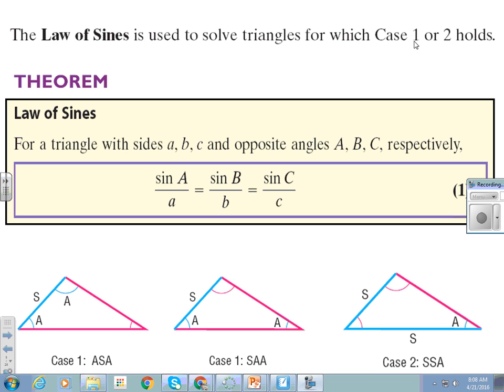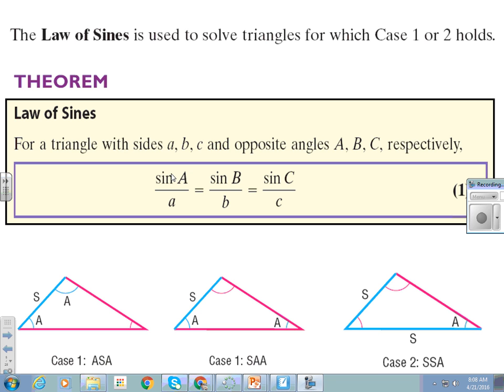So the law of sines is sine of angle A over A is equal to sine of angle B over B equals sine of angle C over C. You can use this in one of three ways. You can use sine of A over A equals sine of B over B, and then you have a proportion.